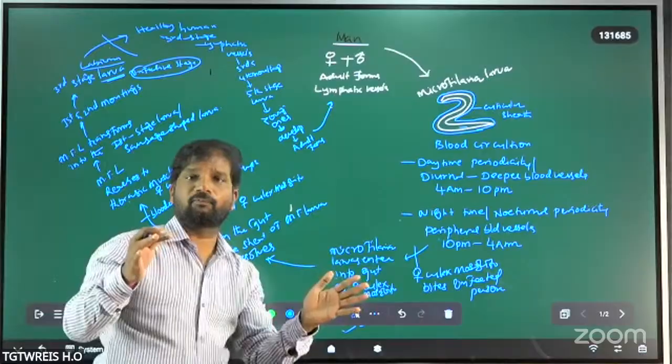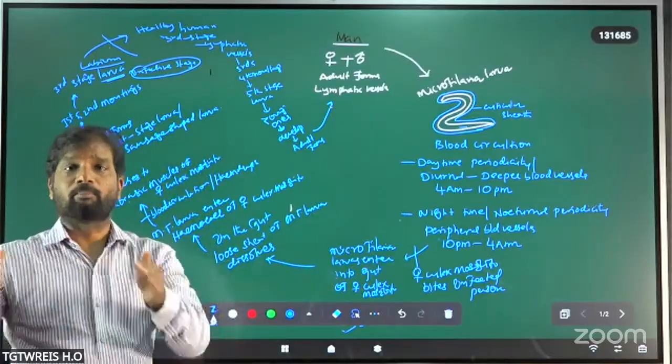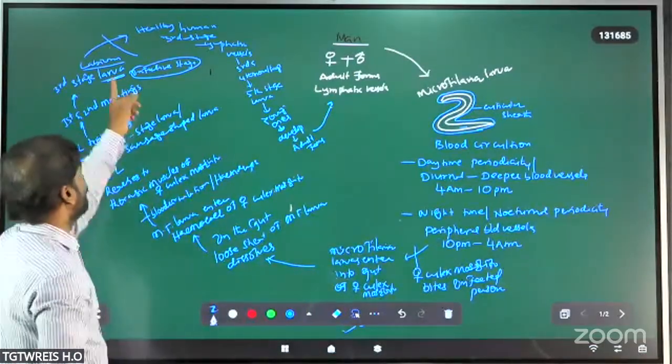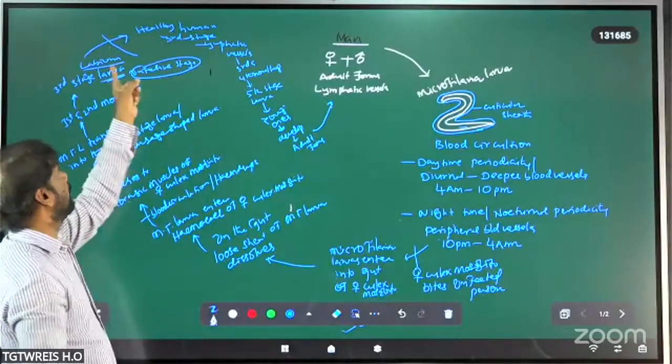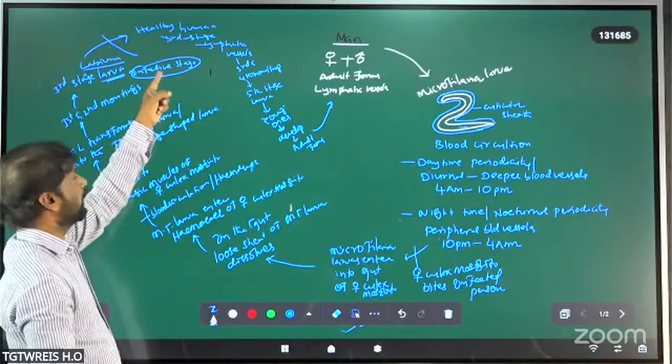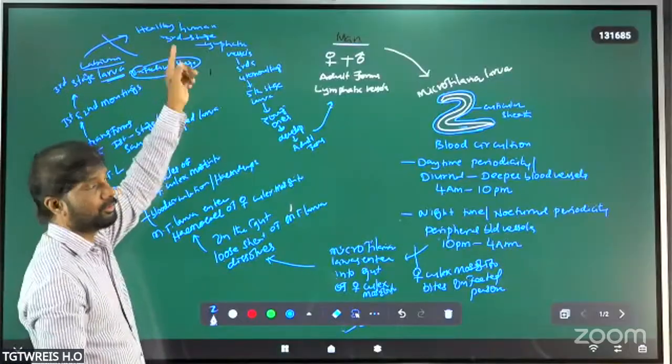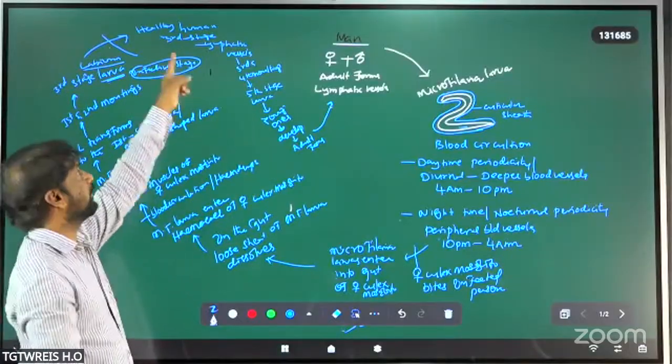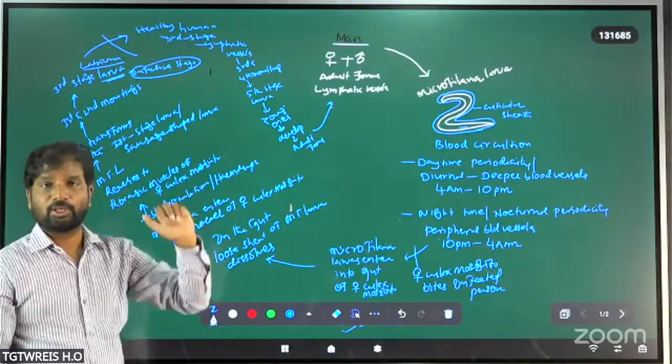Now when this female Culex mosquito bites a healthy person, these third stage larvae or infective stage larvae enter into the lymphatic vessels of another healthy human.